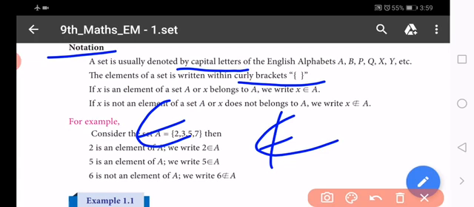If an element is in the group, then we use the symbol belongs to. If an element is not in the group, then we use the symbol does not belong to. So there are two notations used in sets: first, belongs to, and second, does not belong to.